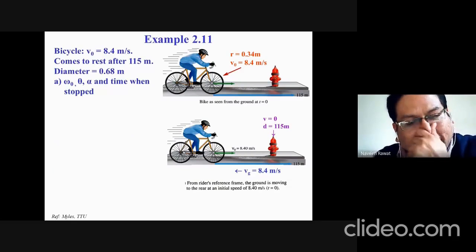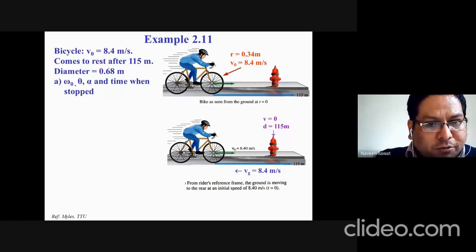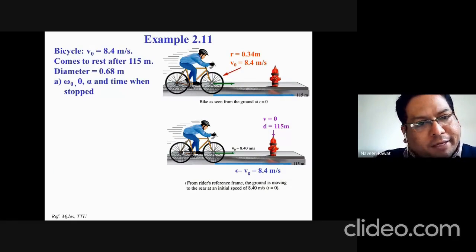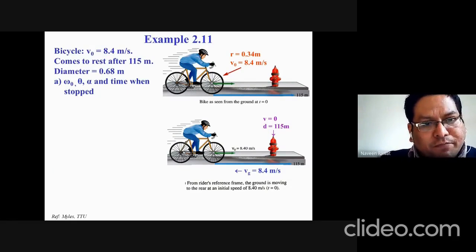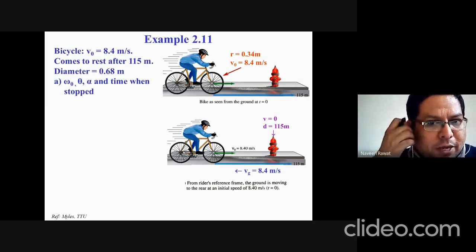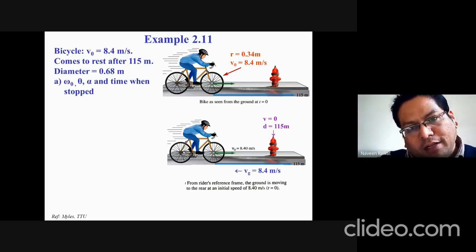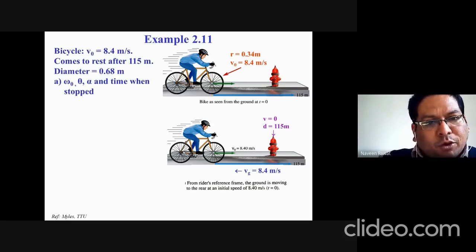So let's look at this example and try to understand what is going on in this system. We have a bicycle that is going with some initial velocity, that's 8.4 meters per second, and it comes to rest after 115 meters. Okay, so there has to be some deceleration. And we have been given that the diameter of the wheel of this bicycle is 0.68 meters.